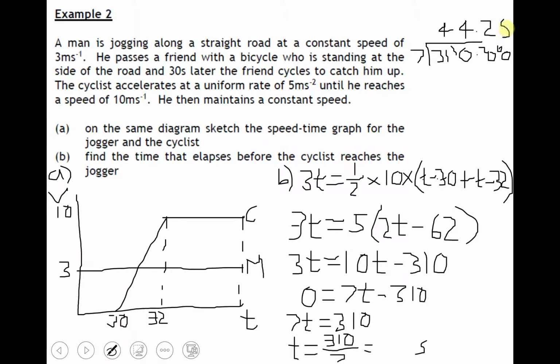I don't care about the remainder here, it's just to get my rounding right, so it's 44.3 seconds to 3 significant figures. So obviously I recommend using an actual calculator.